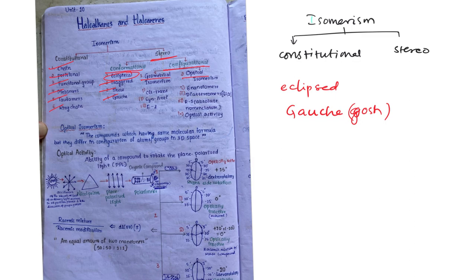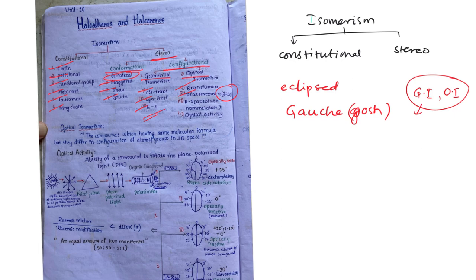In geometrical isomerism, generally we focus on cis-trans, syn-anti, and E-Z isomerism. You may have already studied that in the first year, so I'm not focusing on geometrical isomerism. I am focusing on configurational isomers. In optical isomers, we have enantiomers and diastereomers. Diastereomers can exist in both geometrical and optical isomerism.